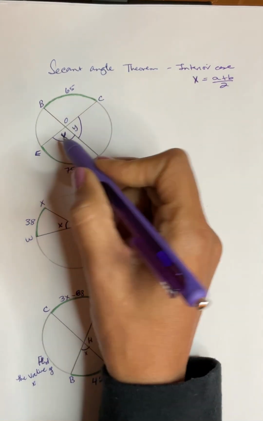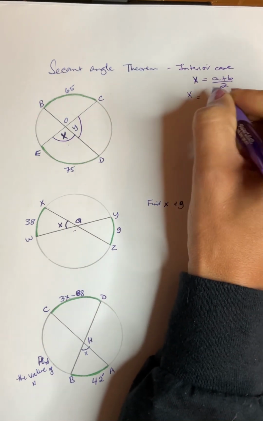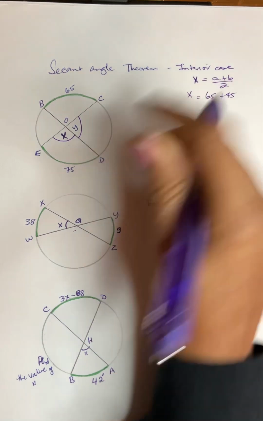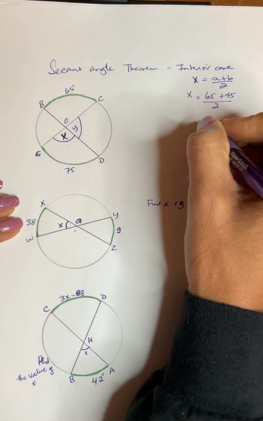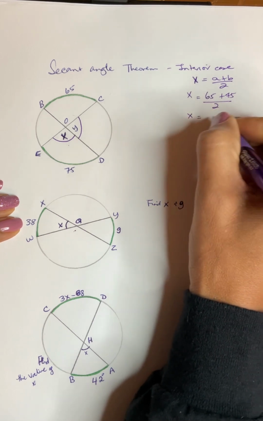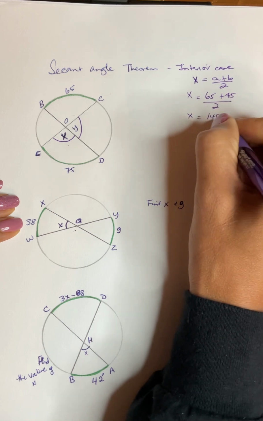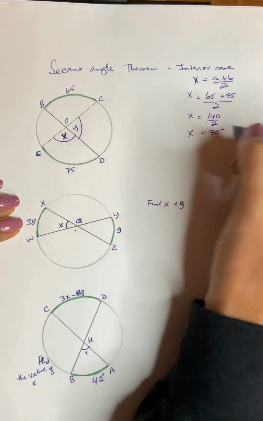So the sum of those two arcs is 65 plus 75, divided by 2. So x is equal to 65 plus 75, which is 140, divided by 2. So x is equal to 70 degrees.